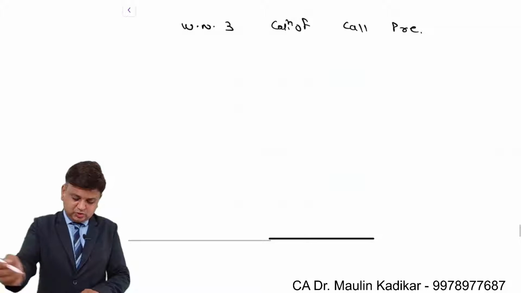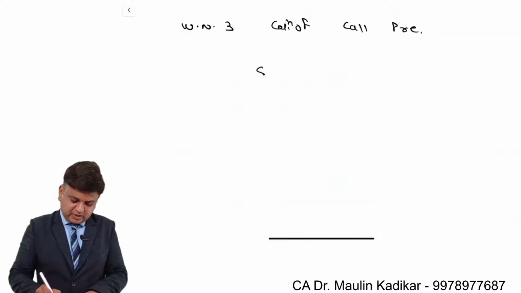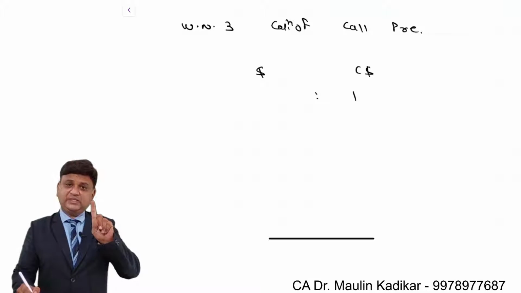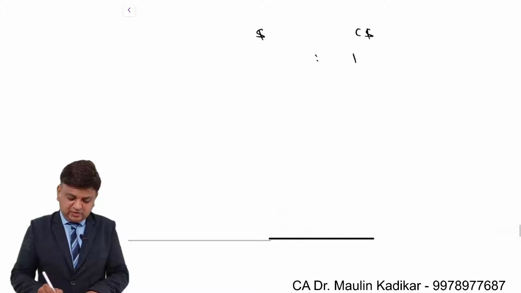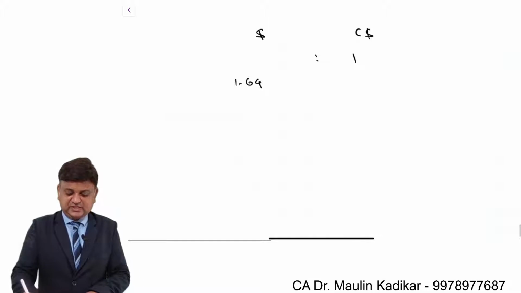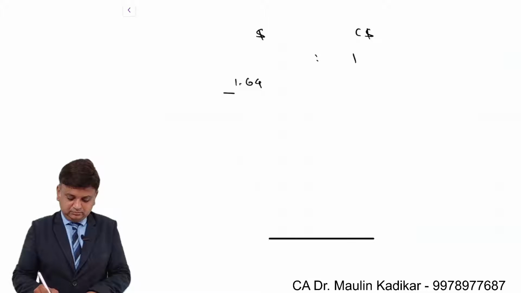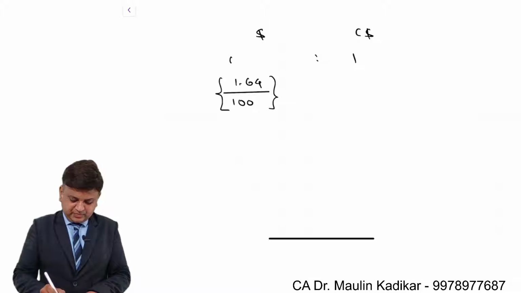Okay, so call premium, dollar per Canadian dollar. To purchase the right to purchase 1 Canadian dollar, it will cost you 1.64 cent. It means it will cost you $0.0164.